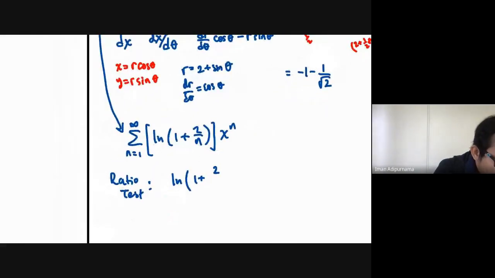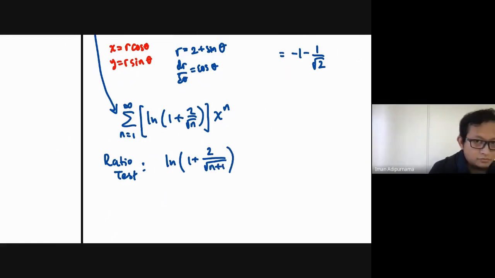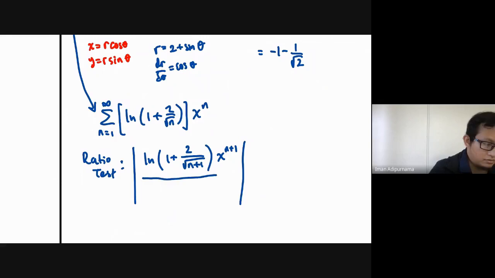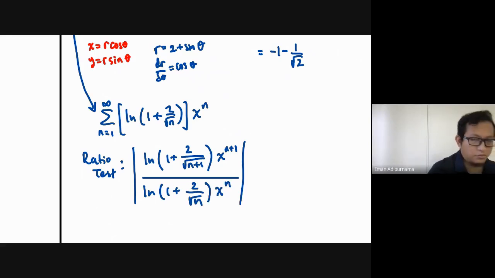Oh, this is having the square root, sorry. And this 2 and x power of n.